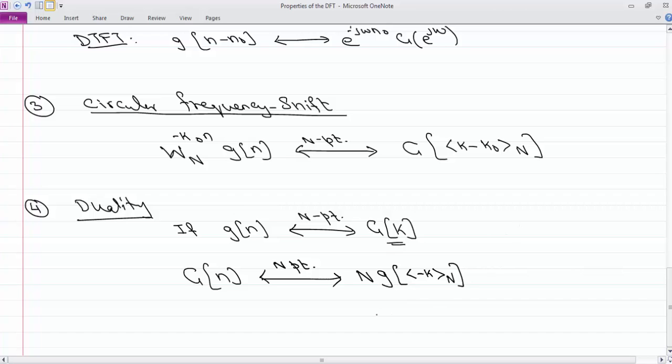So what this means is that this will be equal to N g of (N minus k) for k not equal to 0, and this will be equal to N g of 0 for k equal to 0.